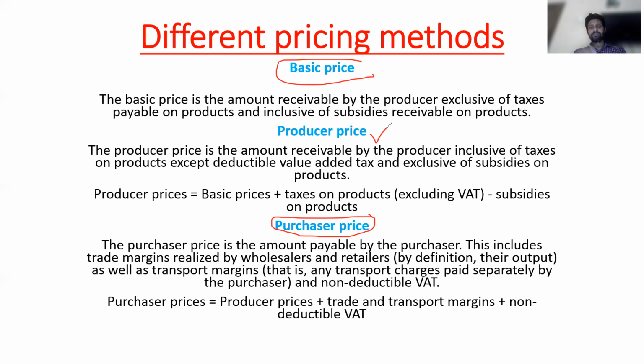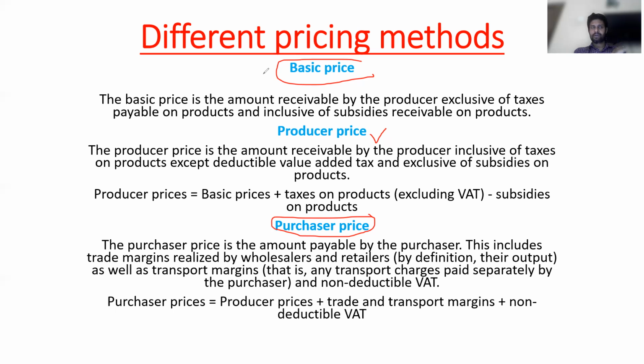So then finally, the purchaser's price. There are taxes like VAT, as well as charges, and even the consumer finally pays all the charges, all the profit margin, even taxes on imported goods. All the things are paid by the final consumer. So likewise, prices change from the farmer to the ultimate consumer.